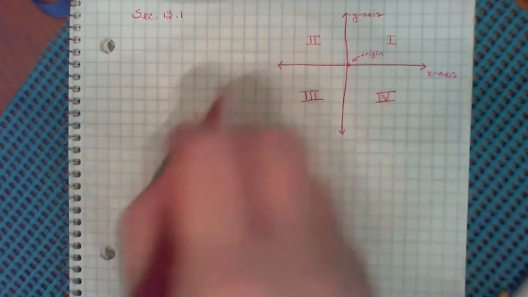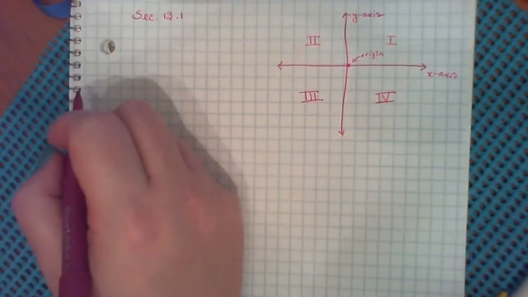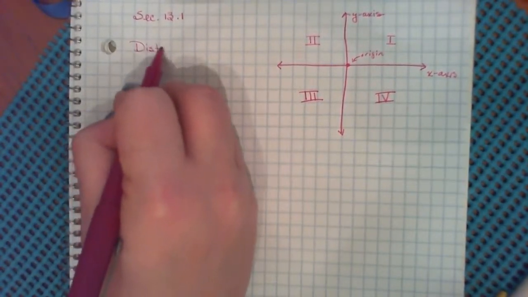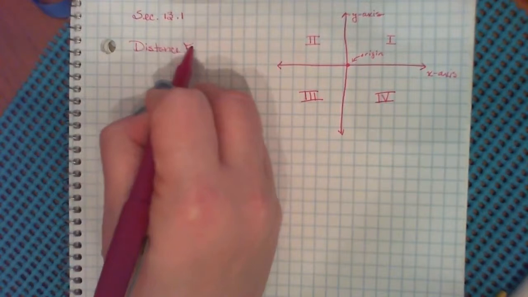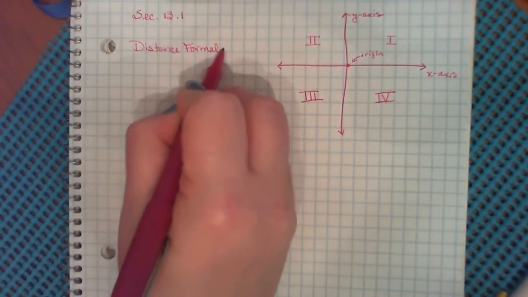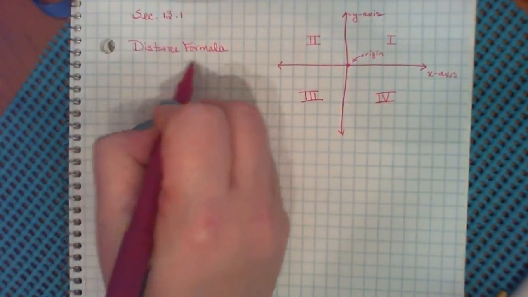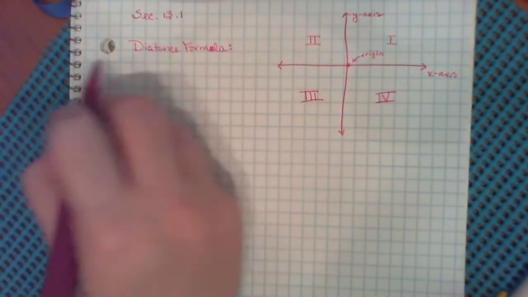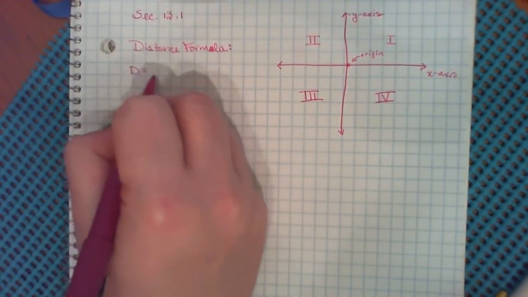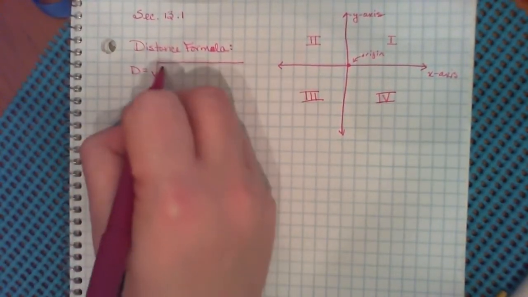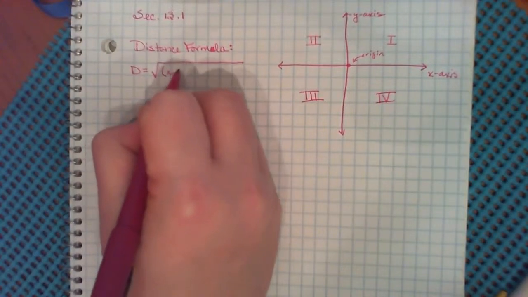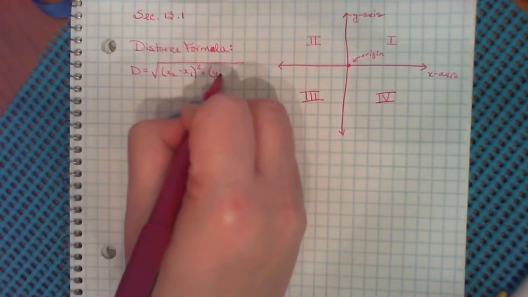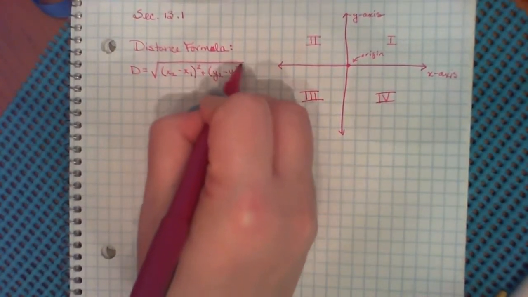Okay, so when talking about this section, one of the big things in it is the distance formula. And you will have to memorize the distance formula. So it's d is equal to the square root of x sub 2 minus x sub 1 squared plus y sub 2 minus y sub 1 squared.